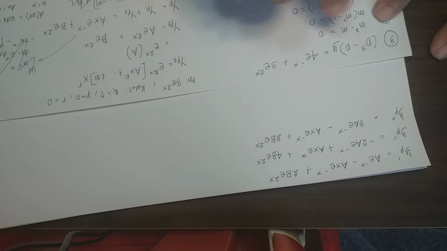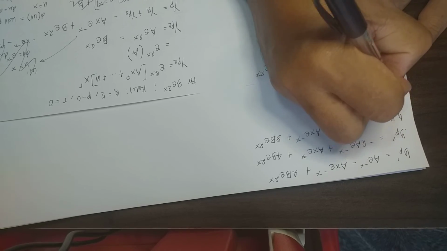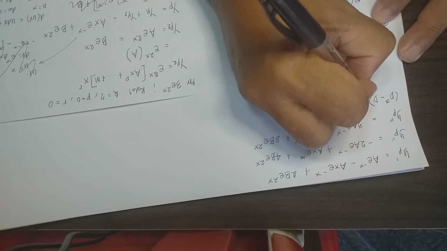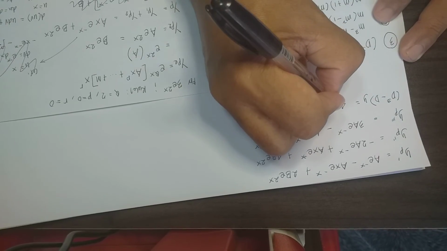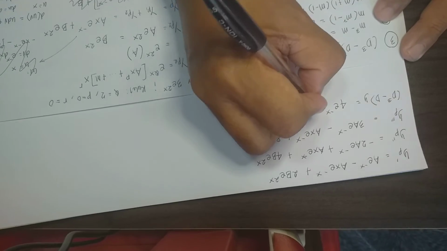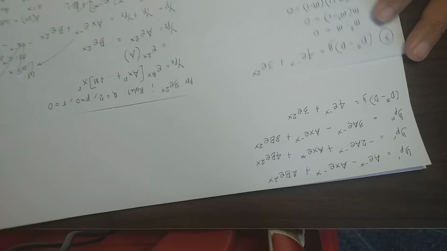Substituting these values in the original equation, D cubed y minus Dy is equal to 4e to the negative x plus 3e to the 2x.